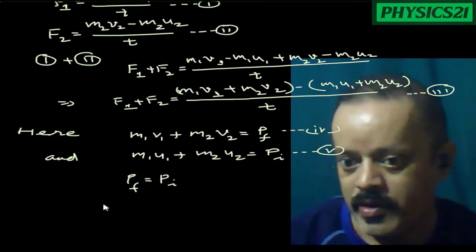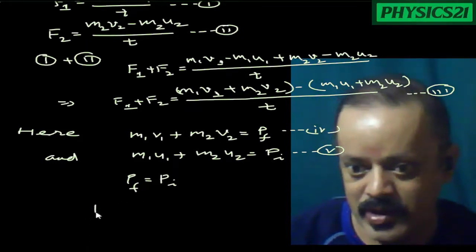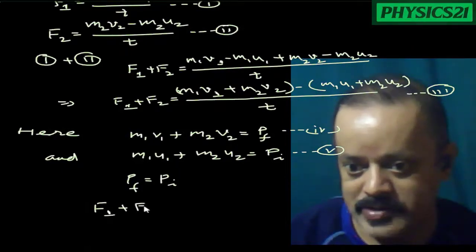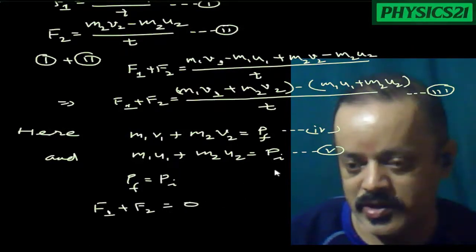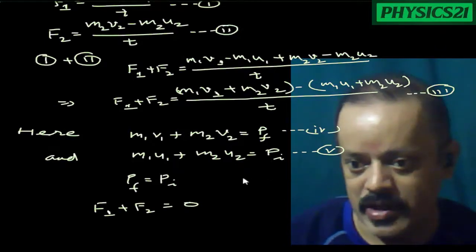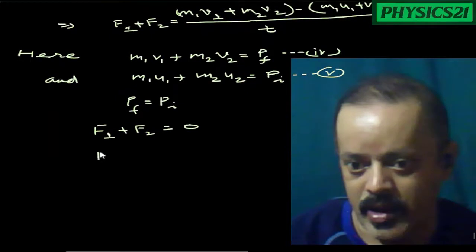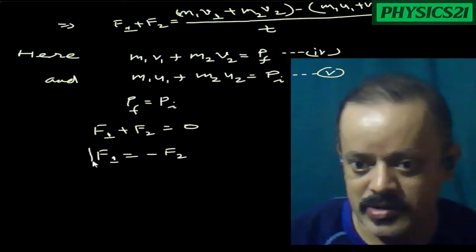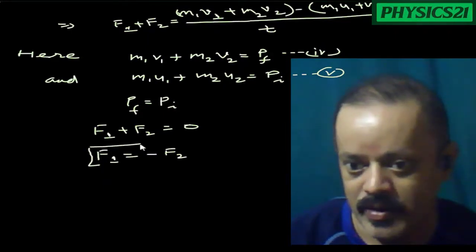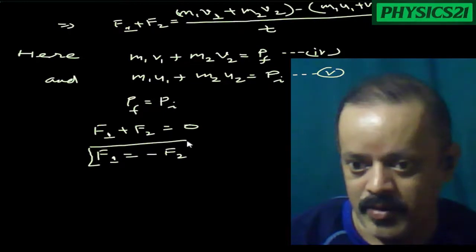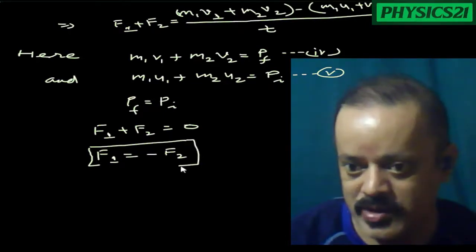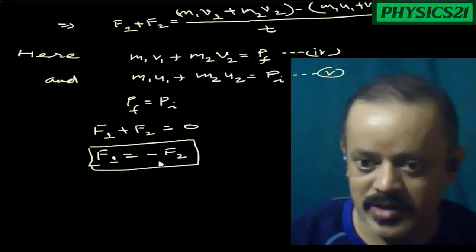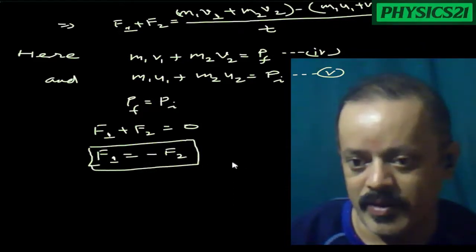So from equation 3, F1 + F2 = 0. That means F1 = -F2. This is Newton's third law of motion. According to Newton's third law of motion, for every action there is an equal and opposite reaction. So this is the proof of Newton's third law of motion.